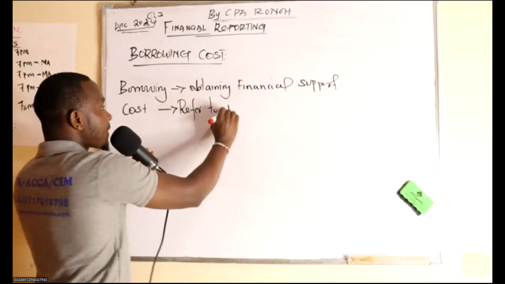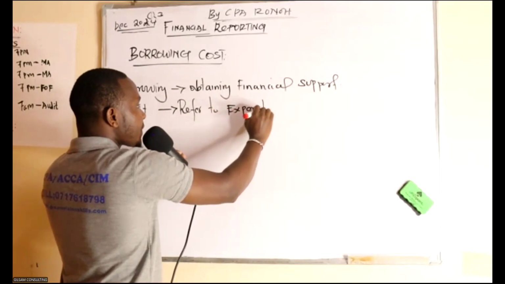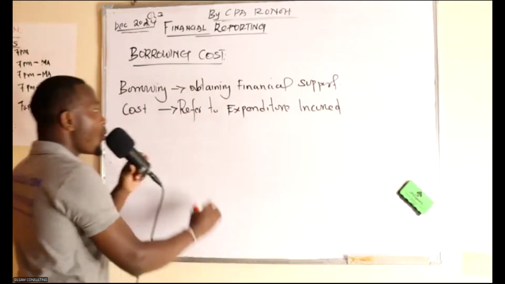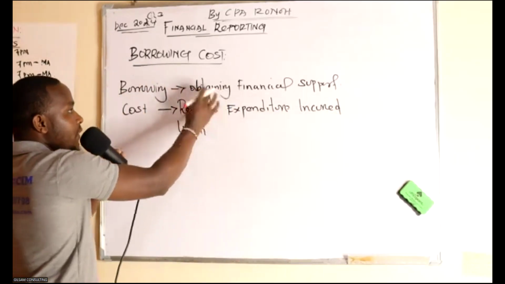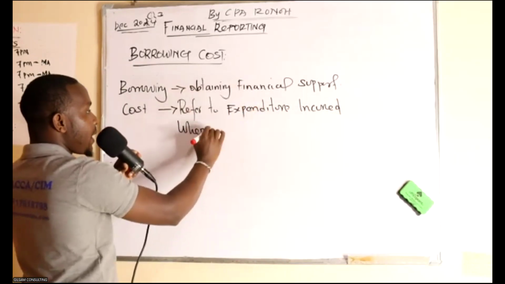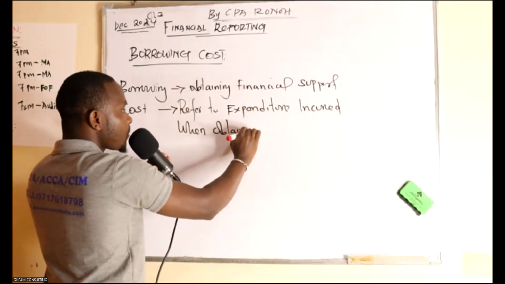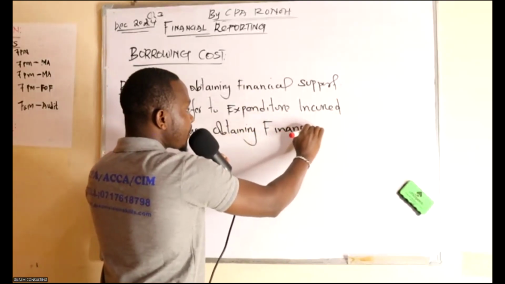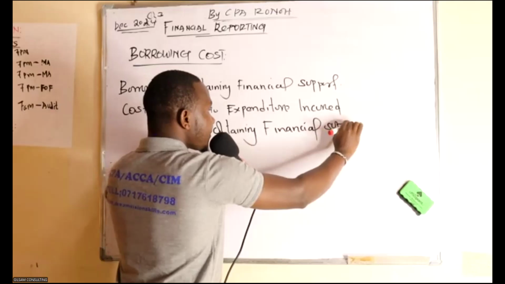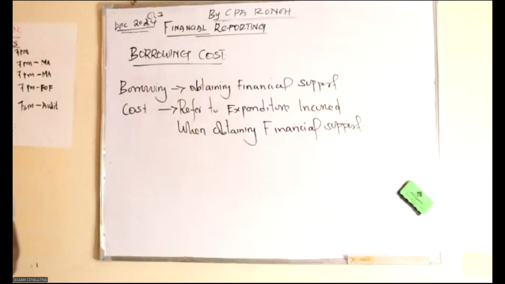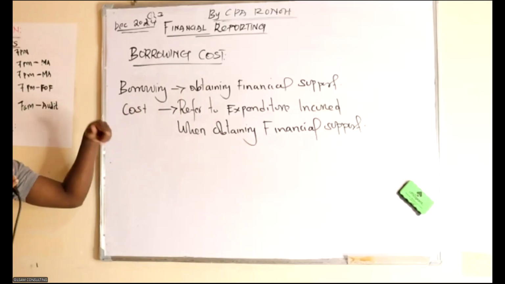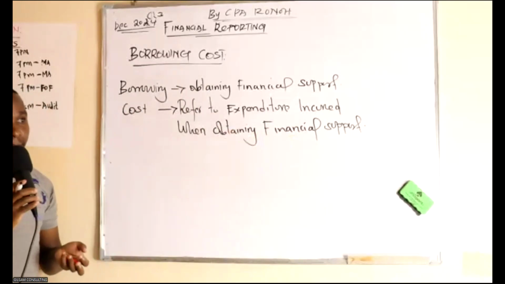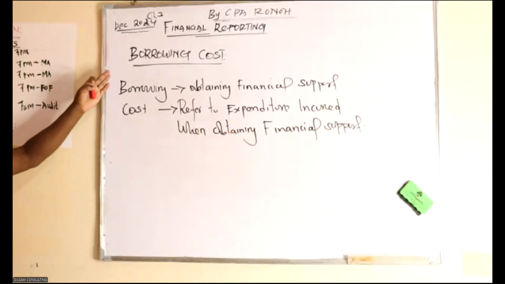It refers to expenditure incurred when obtaining financial support. So when we talk of the cost, it is the expenditure we incur to obtain what? The financial support. That's the definition of borrowing cost.